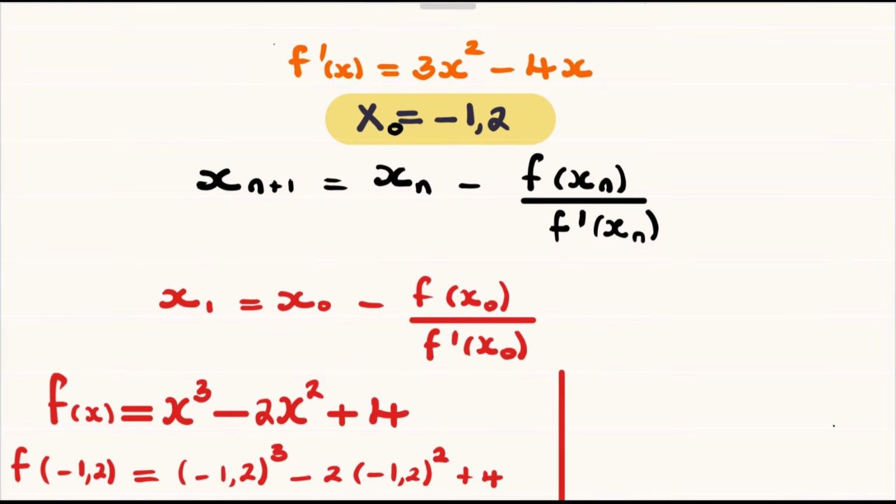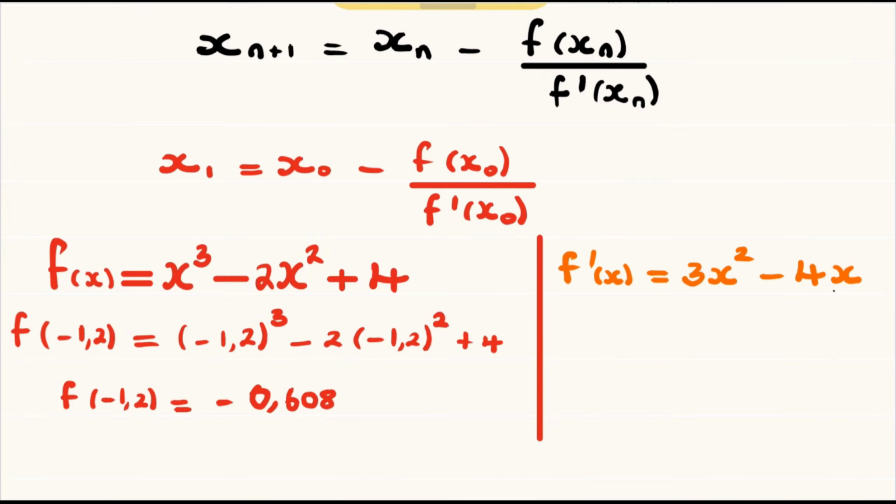Let's substitute into the derived equation. We have f prime of negative 1.2 is equal to 3 into negative 1.2 squared minus 4 into negative 1.2.